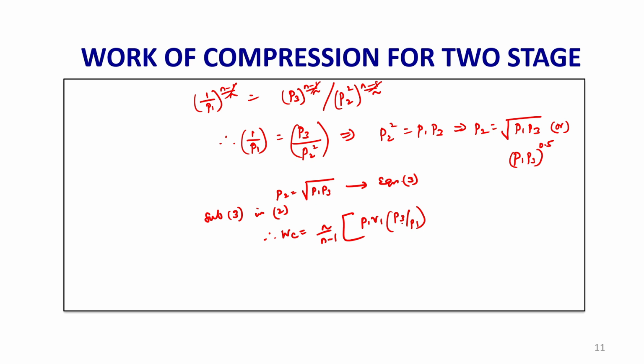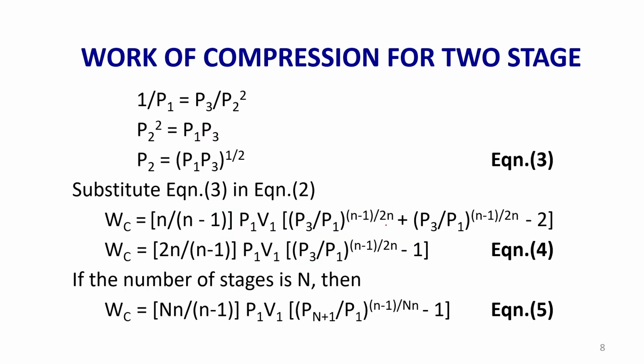See, we have got P2 by P1. P2 is nothing but square root of P1 into P3, and the denominator P1 can be written as square root of P1 into square root of P1. So, one square root of P1 will get cancelled, and the square root can be written as the power of 1 by 2. That is how you get this term, P3 by P1 to the power of n minus 1 by 2n.